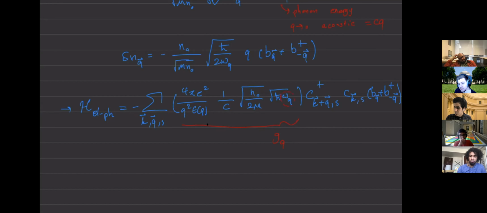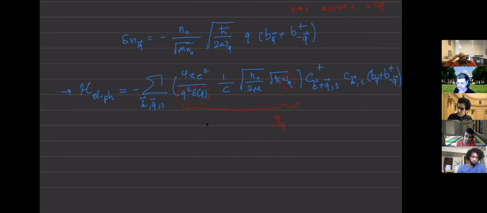We have the dependence on energy here, the dependence on q, and also the dielectric function coming from here. But now if we think about q going to 0.